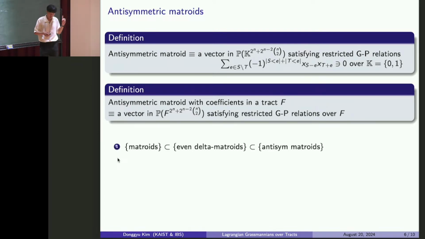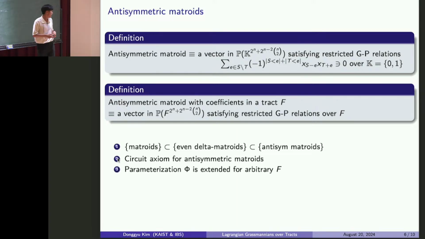So I will give you some properties of this anti-symmetric matroid. The first one is that it generalizes the matroid. And the second one is that, not only the basis exchange axiom, it also has a circuit axiom.